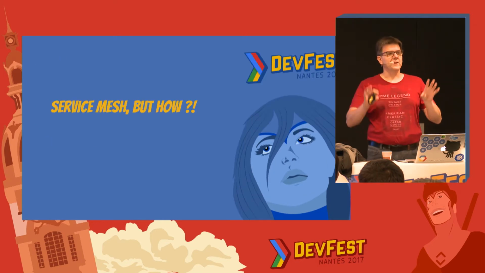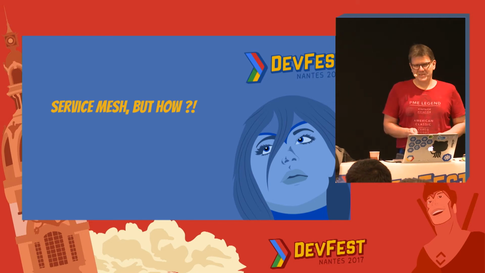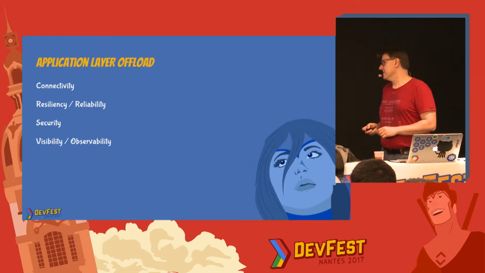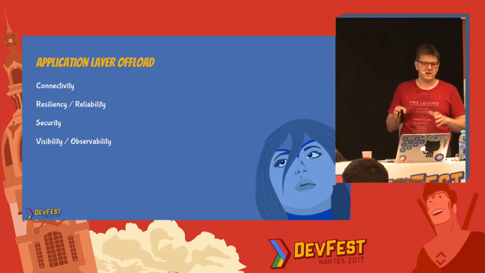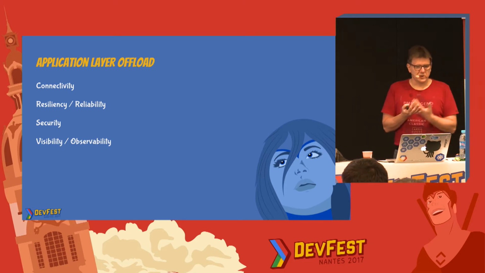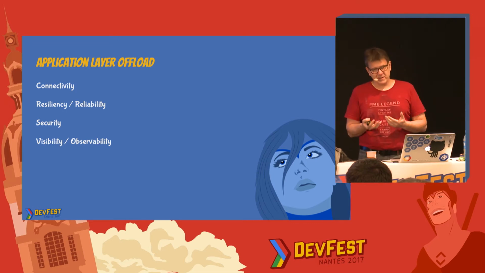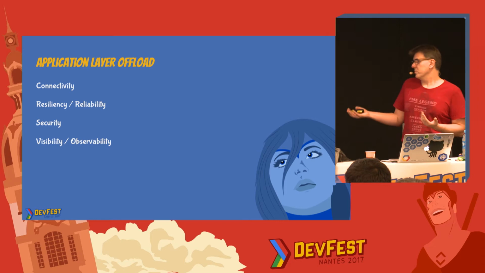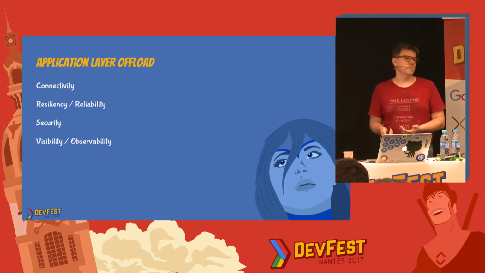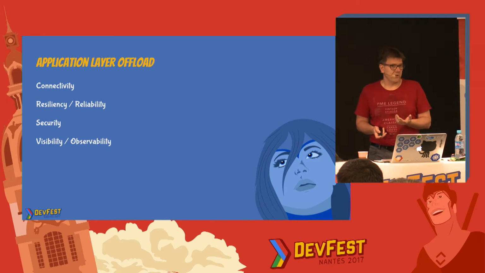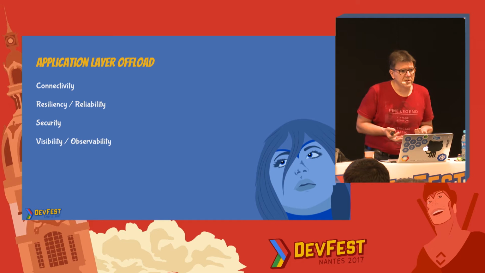Don't worry, I will have boxes and diagrams showing all the details later on. What Istio will do is provide connectivity, resilience, reliability, secure communication, and also make all the communication visible and observable. Because it's also a big pain to see where all my traffic is going.